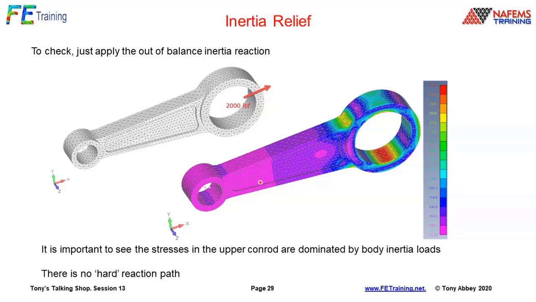So this is just a body inertia load resisting against the crank here. The key thing is there's no hard reaction path through here. The stresses in here are just all of that lot acting as a body reacting against the crank through the little end. And that's the point I was making.